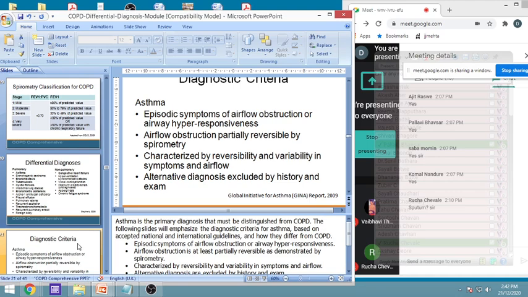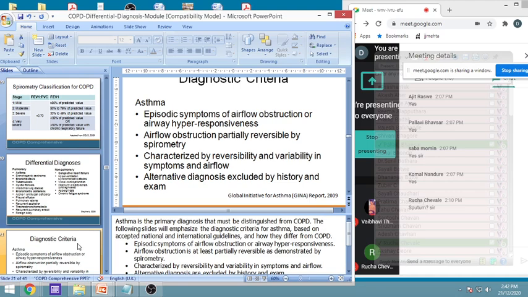Airflow obstruction is at least partially reversible during spirometry. How is it reversible? If we give a bronchodilator agent, then there will be bronchodilation, and because of that there will be improvement in the spirometry. This is seen with asthma. It may not be possible with emphysema or COPD.